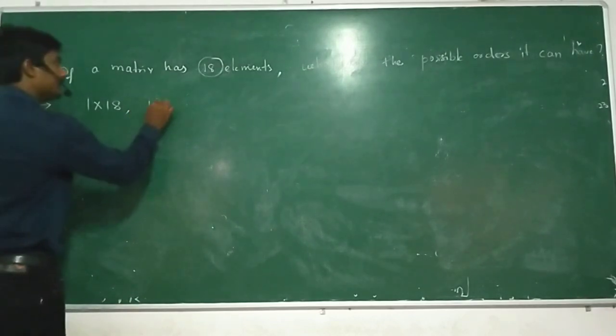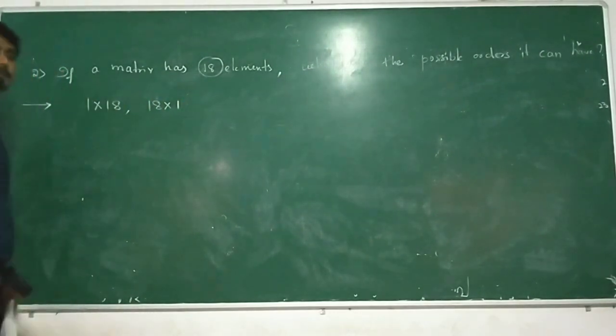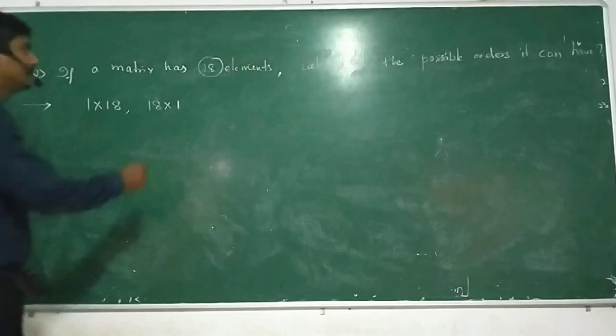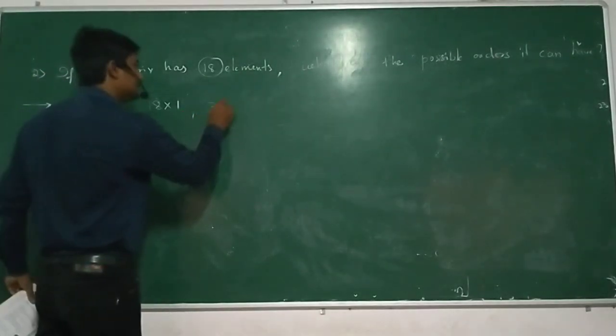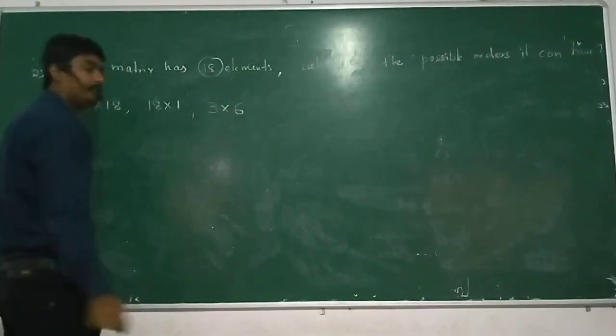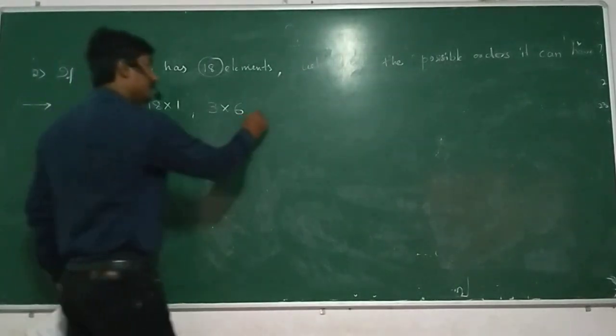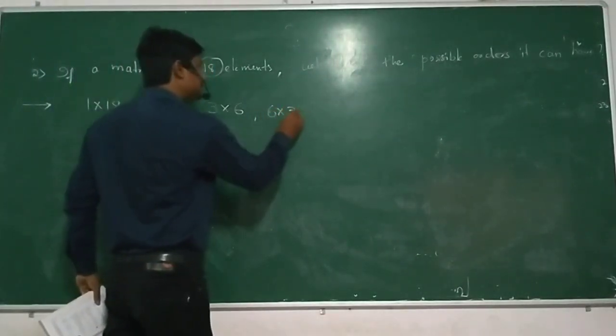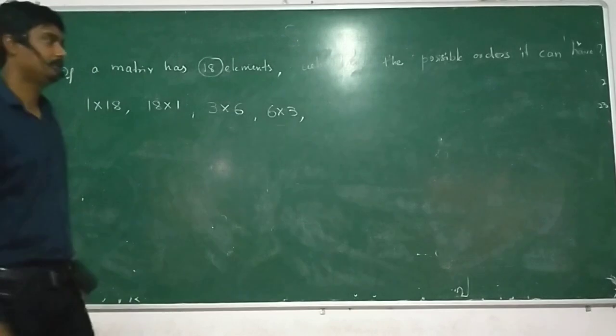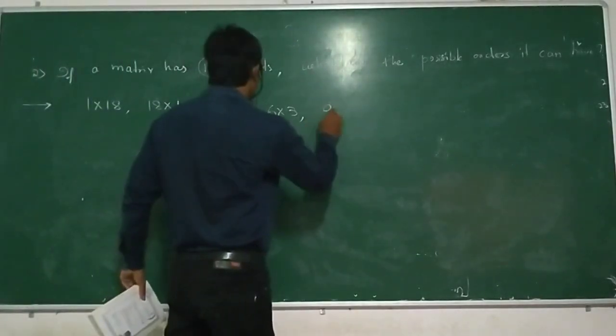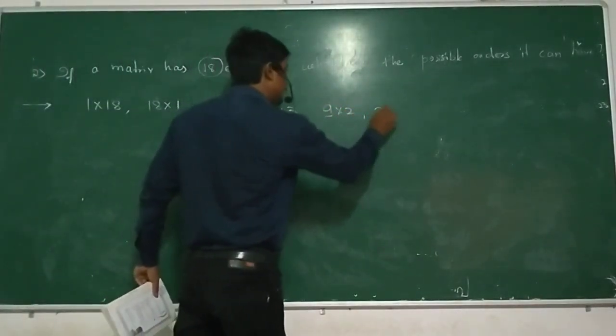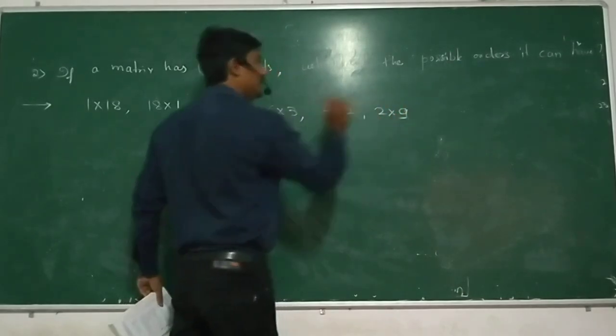Then you will say 18 by 1, yes. You will say 3 by 6. You will say 6 by 3. You will say 9 by 2, and you will say 2 by 9.